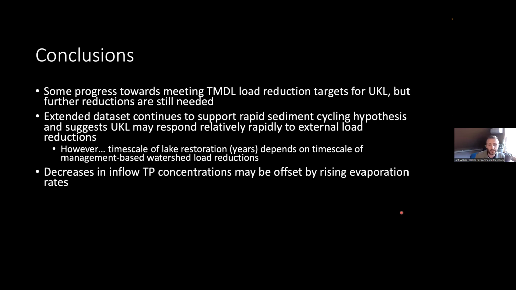And then our new finding from this study was that the decreases in inflow concentration seem to be offset by this rising evaporation rate. And so this is another effect of climate change, we think, that evaporation rates continue to increase. It's going to continue to concentrate the lake more and more.